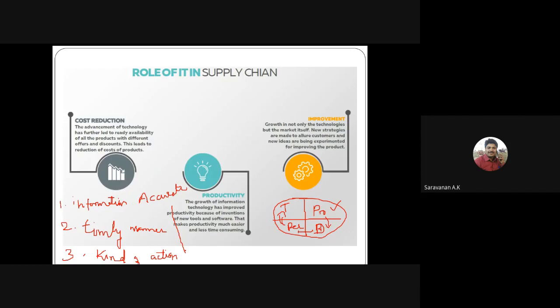So first we can say the information must be an accurate one. Why do we have to give accurate information? Due to information distortion, the fluctuation will increase and the demand will go the wrong way.